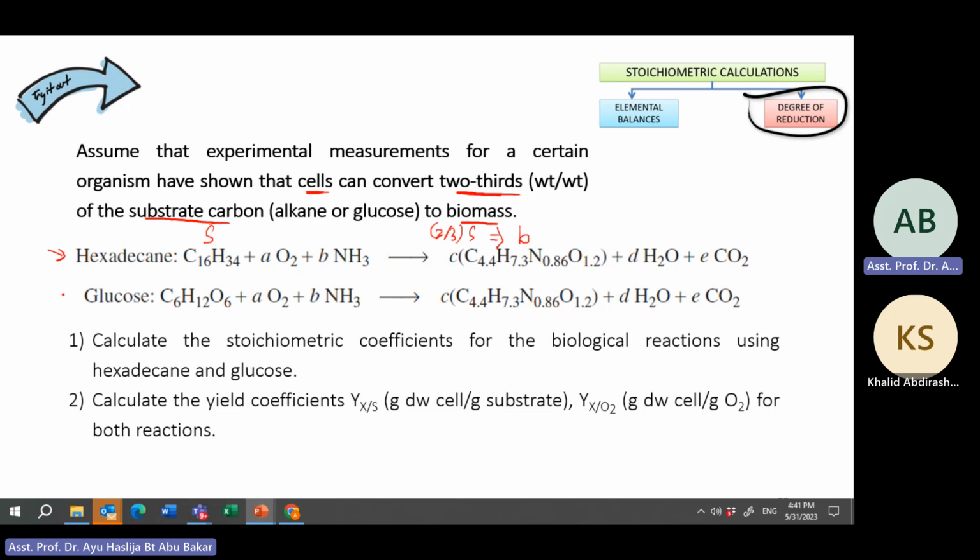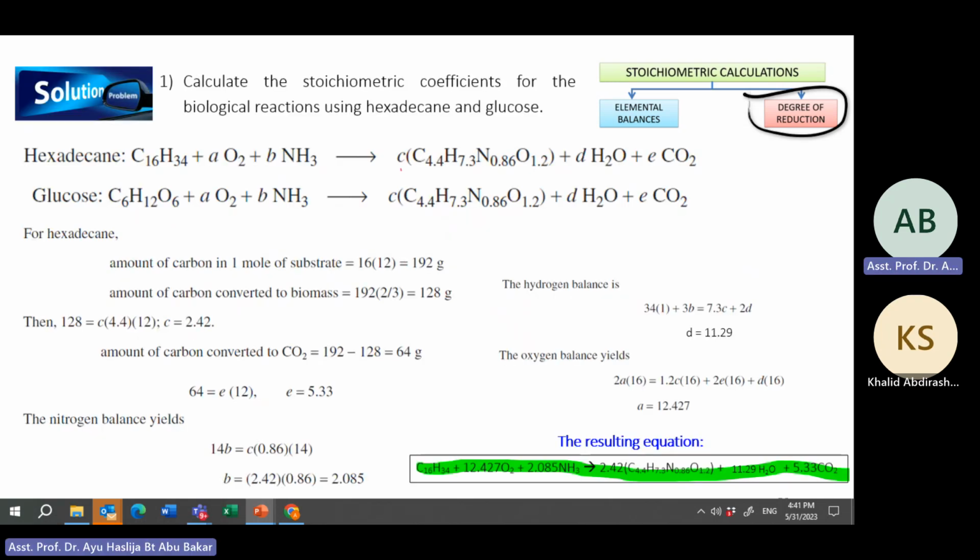For the second equation, this is the substrate glucose and this is the biomass. So question number 1 asks you to calculate the stoichiometric coefficient for the biological reaction using hexadecane and glucose. We go one by one.